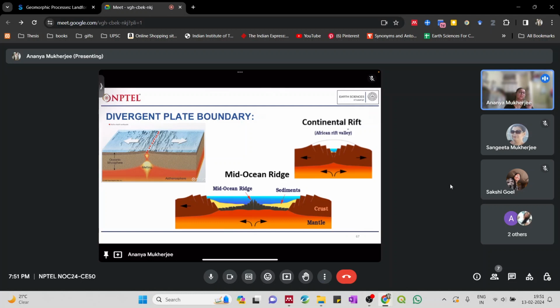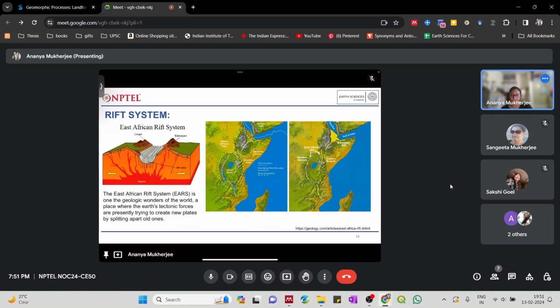So two important features that are actually created at divergent plate boundaries are the continental rift and the mid-oceanic ridge. So continental rift is when the diverging is happening between two continental plates. Okay, and mid-oceanic ridges, when the oceanic plates are moving away from each other, and mid-oceanic ridge is found over there.